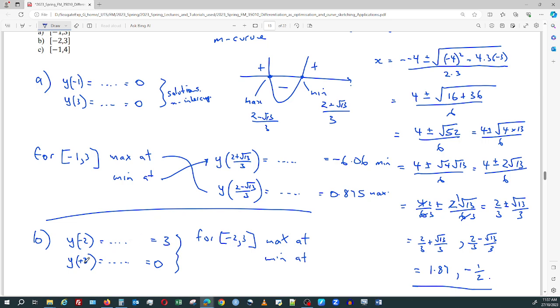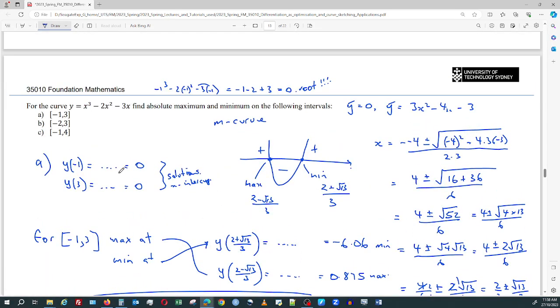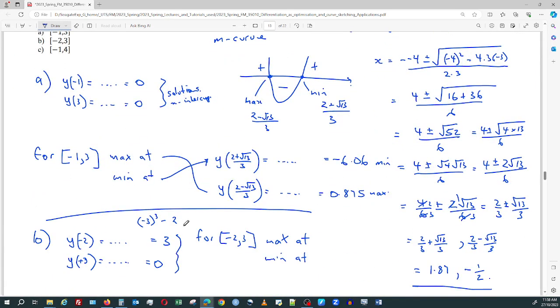I need to check that. 3 cubed, -2, 3 squared, -3. So the minus stays here, so it's 3 3, so it's -27.